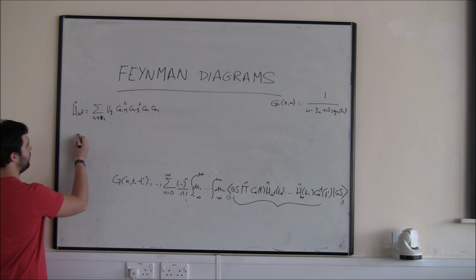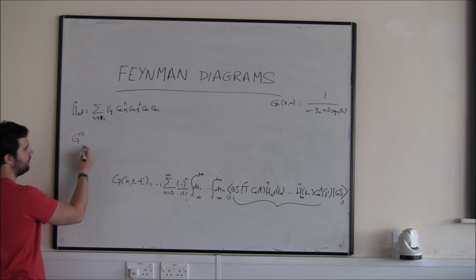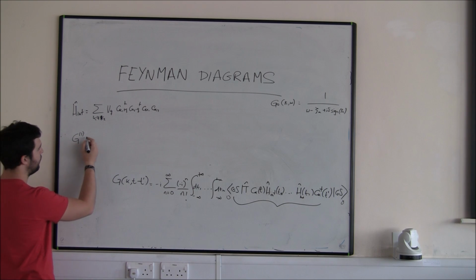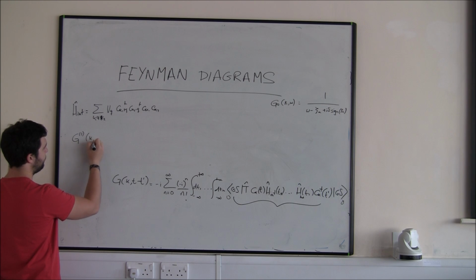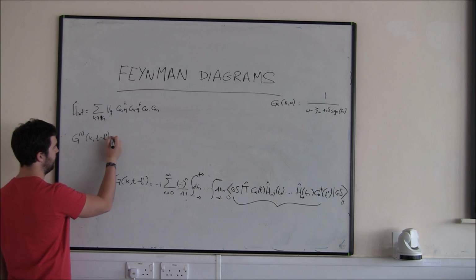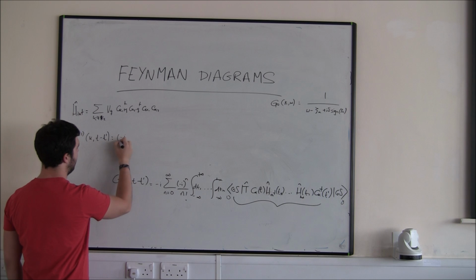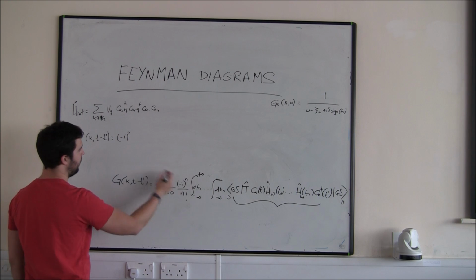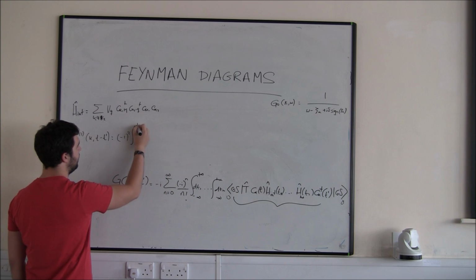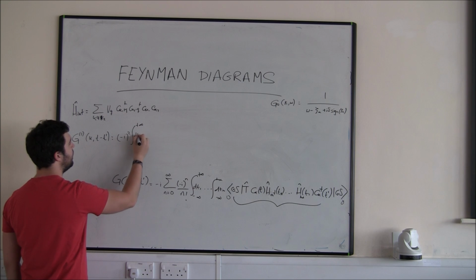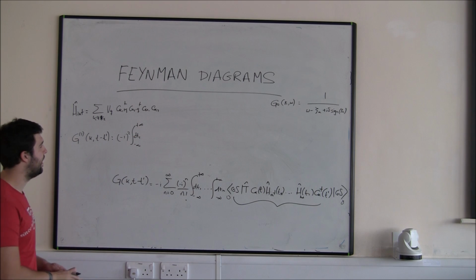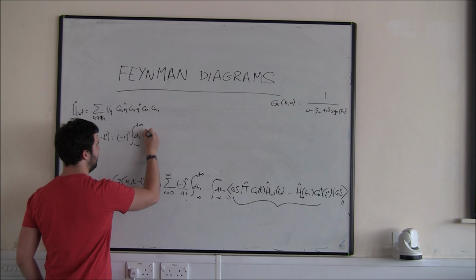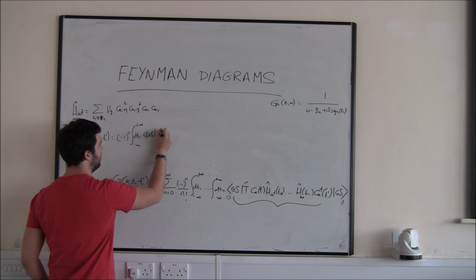Okay. So the first order of interaction, G1, we've done that in the lecture notes, but this is going to be something like this. So it's (minus i) squared, and then we have an integral in the intermediate time, and then we have to evaluate these brackets.